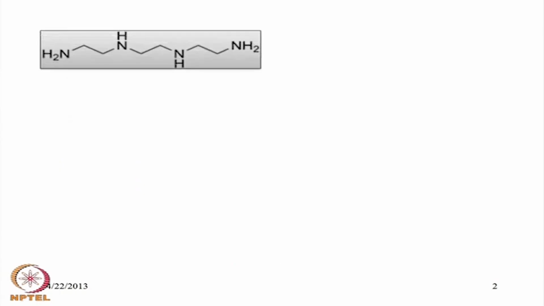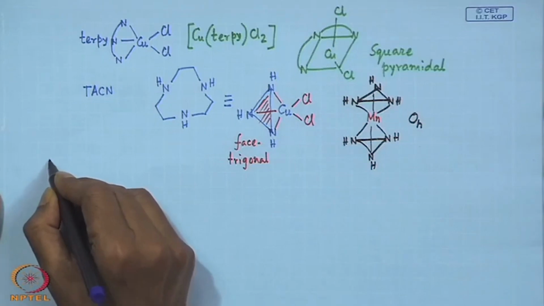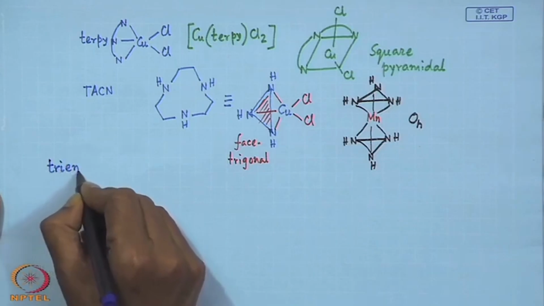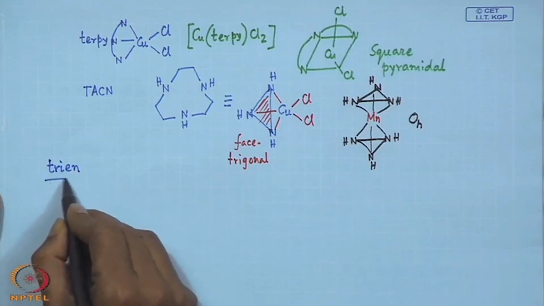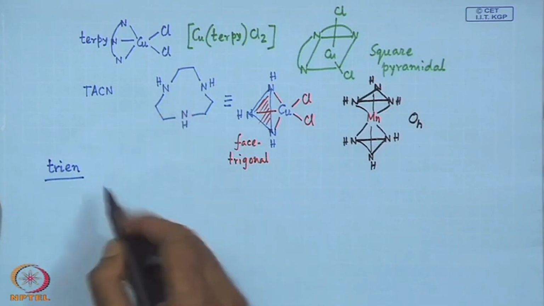So, if we just proceed further, we can have another long linear chain ligand, that is diethylene triamine, which is known as triene. So, like that we have that N3 type of ligand.